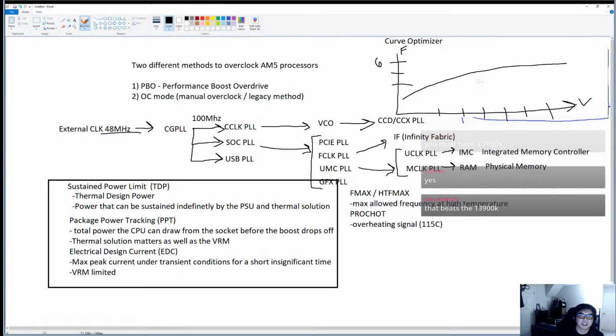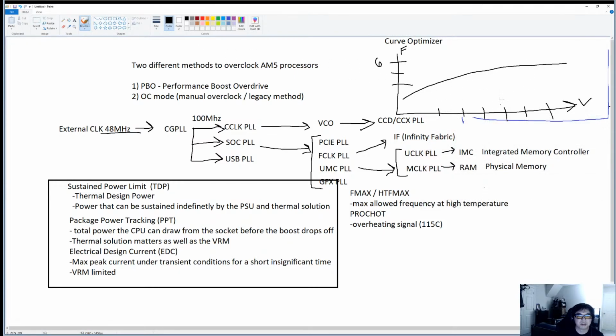The thing about the frequency curve itself is that it usually levels off. Over time it becomes a really flat line, where it's really hard to get higher frequency, to the point where you're limited by the process node and the silicon and how it actually works.